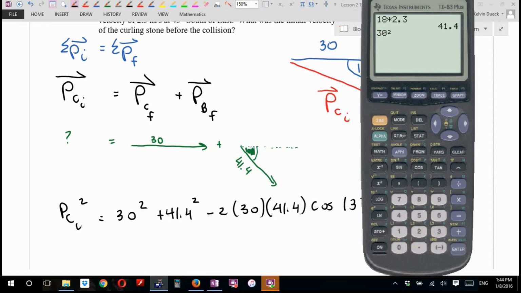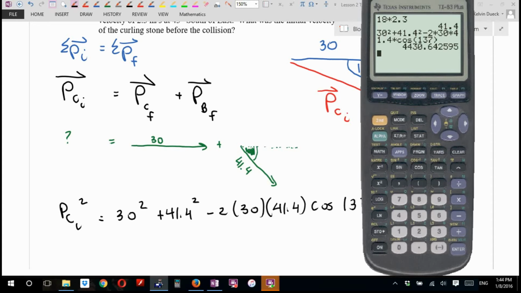I'm going to go straight to my calculator. 30 squared plus 41.4 squared minus 2 times 30 times 41.4 times cosine of 137. Double check for typos. I think that's right.